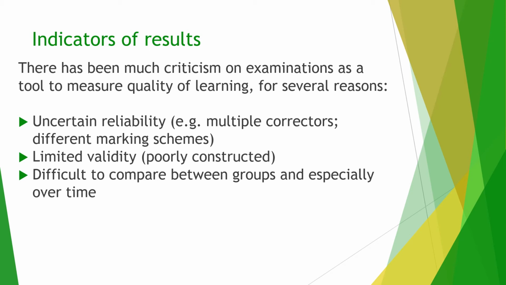Even if these opportunities in the next cycle remain the same, because the correctors are different from year to year and the marking schemes may be different, and the content and level of difficulty of the examination is not the same from one year to the next, it is not the best measurement of quality or the evolution of quality.